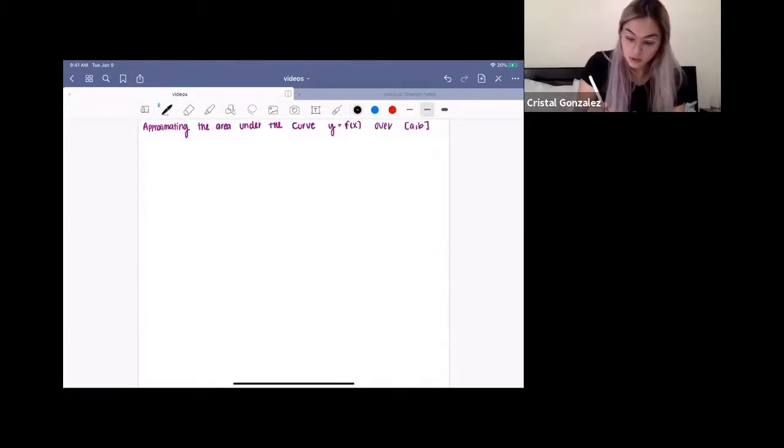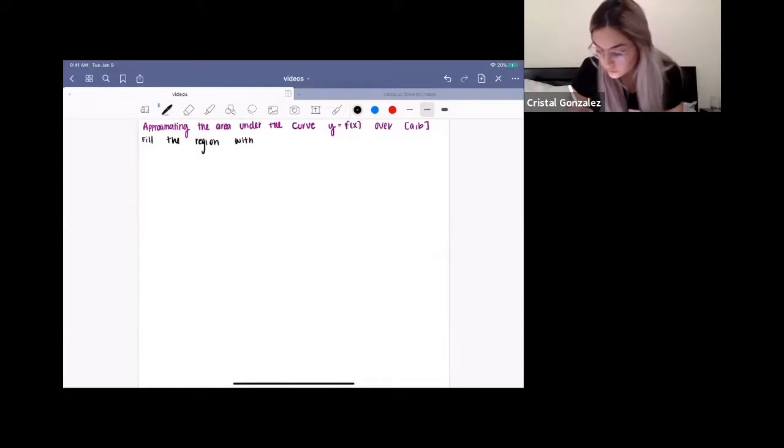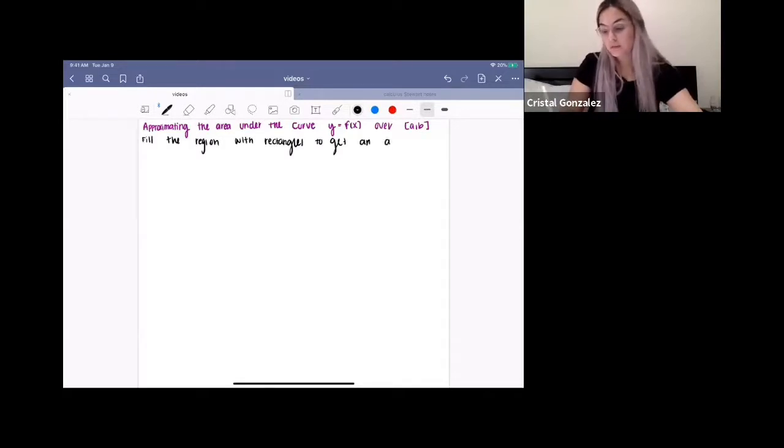So here we are going to fill the region with rectangles to get an approximate area.